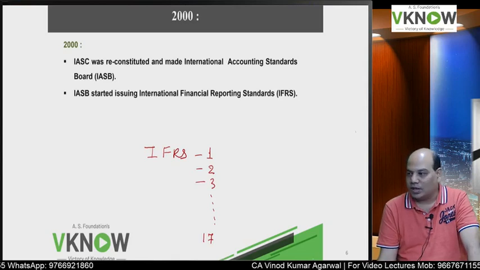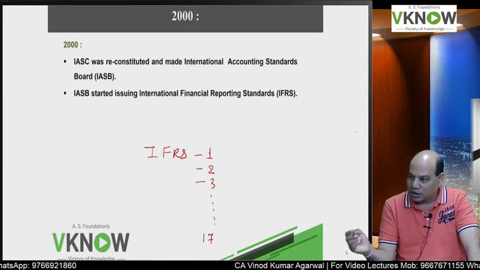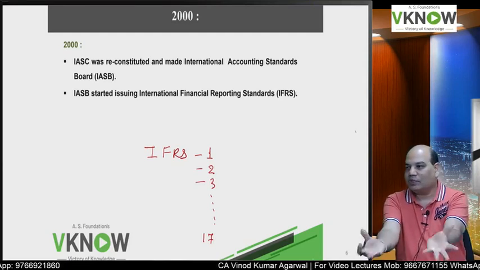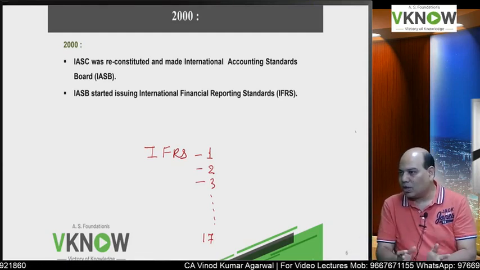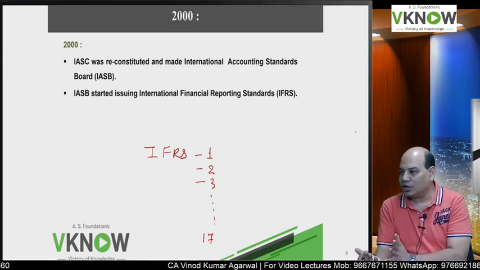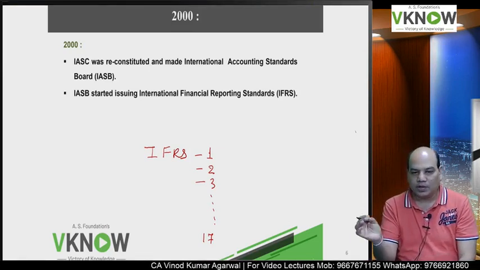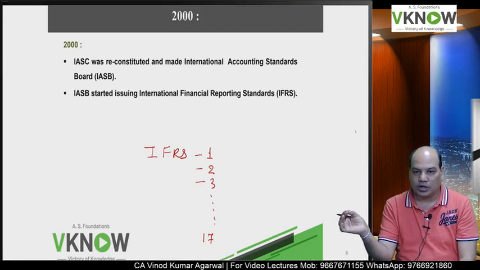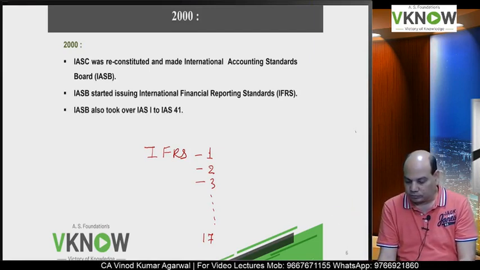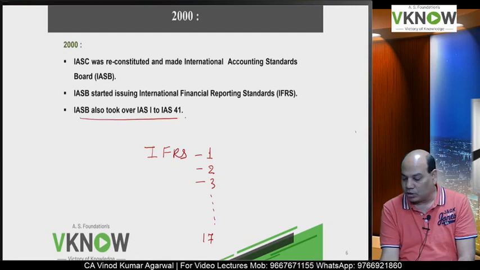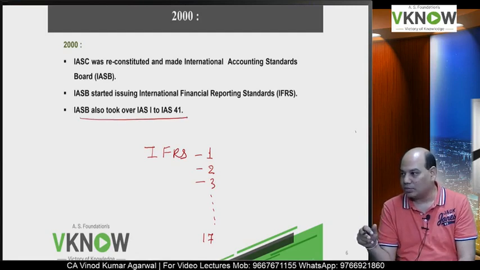Does it mean IAS does not exist? IAS also exists. They have taken all the IAS which were in existence, plus now when they issue a standard, it is given the prefix IFRS 1, IFRS 2 and like this. Okay. So it took over all those standards which were still applicable.